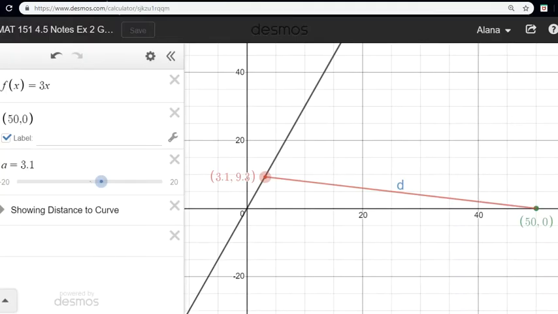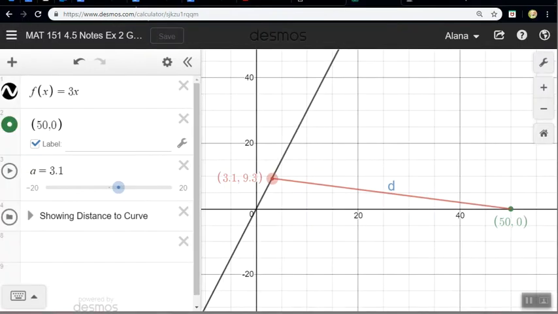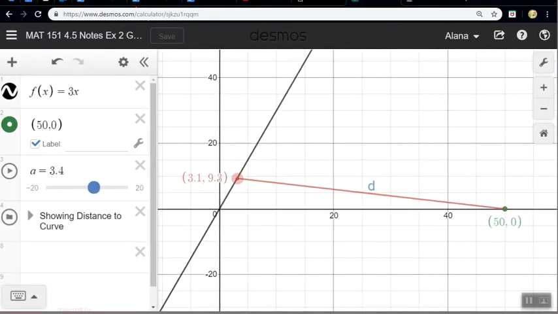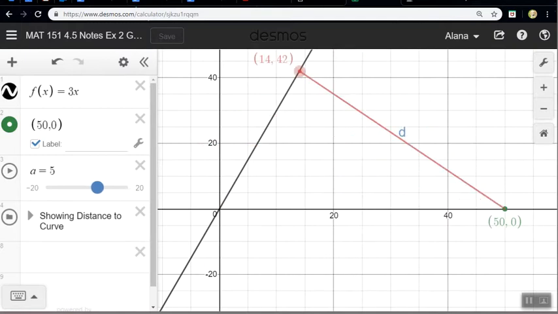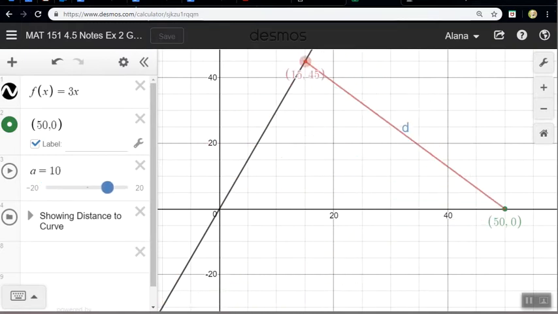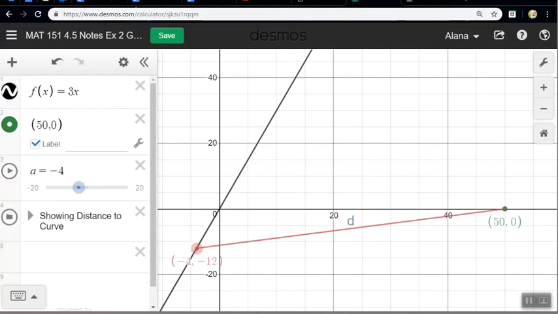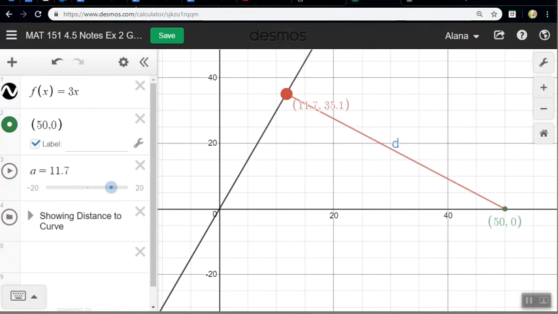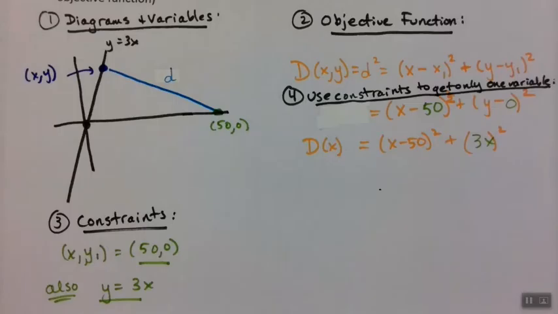So you can see the point (50, 0), and then I've got this point over here, and it can kind of go wherever it wants, negative and positive. I'm just restricting it from negative 20 to 20 just for my own sanity's sake right here. But technically, you didn't have to. You could just keep dragging it whichever direction you want. Okay, so that means that I can go from negative infinity to positive infinity for my effective domain.